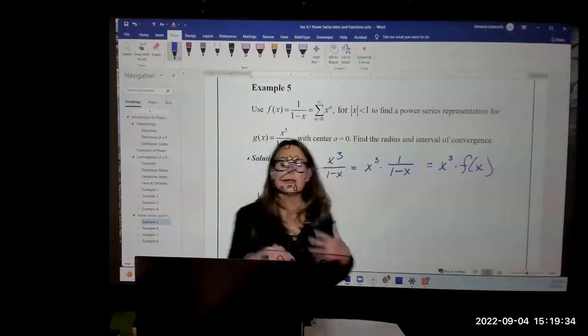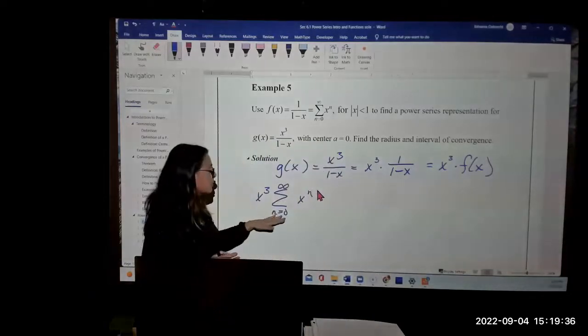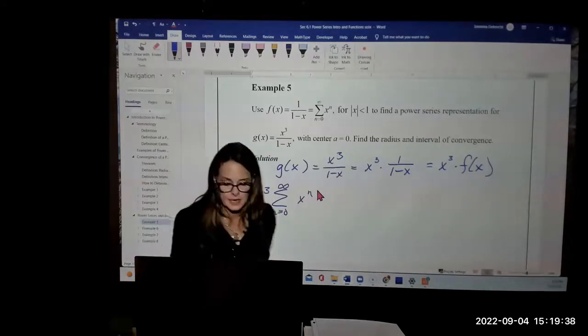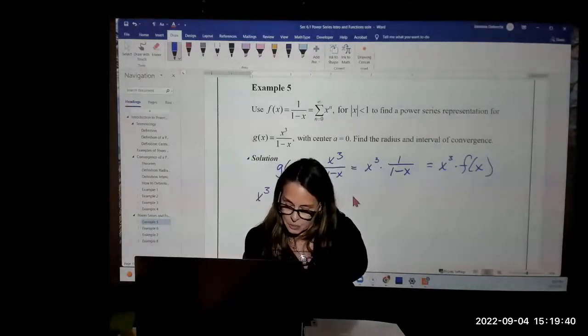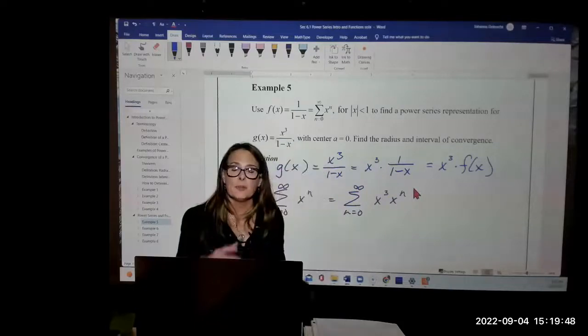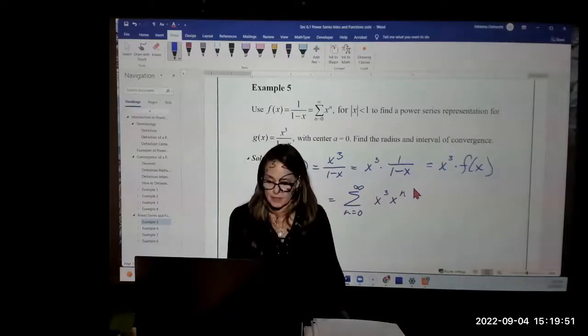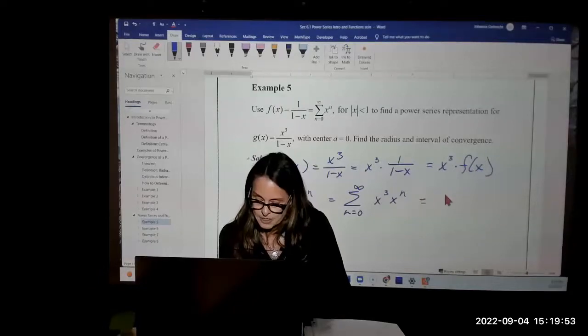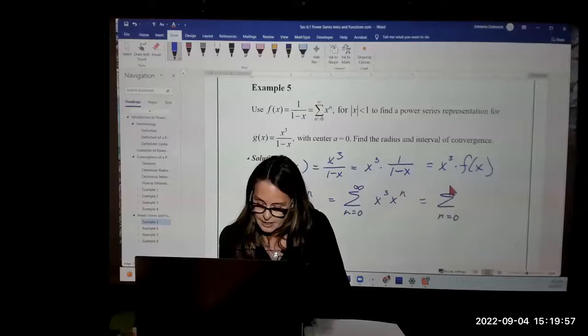And x cubed does not depend upon the subscript n, so we can pull it inside the series. And this will give us the series of x cubed times x to the n. Now, the bases are the same. They're both x, so we can combine them together and represent them with the base x and the power n plus 3.